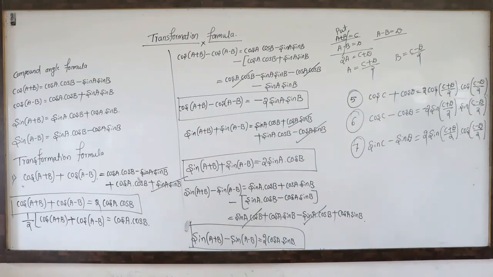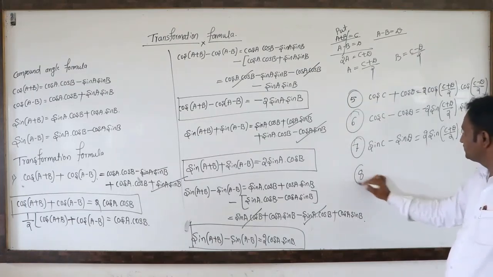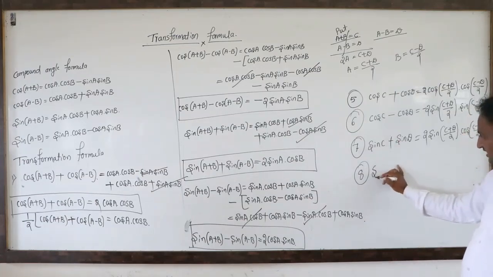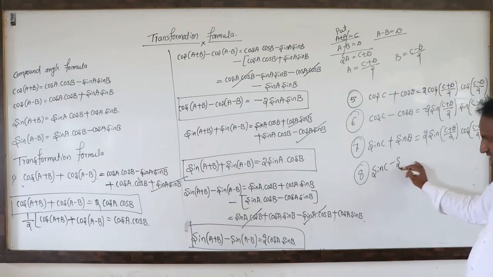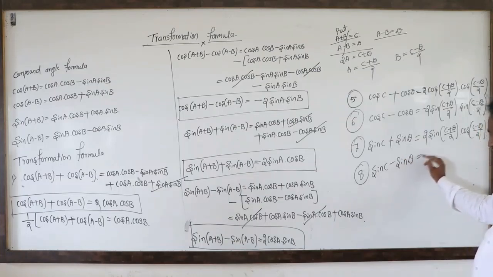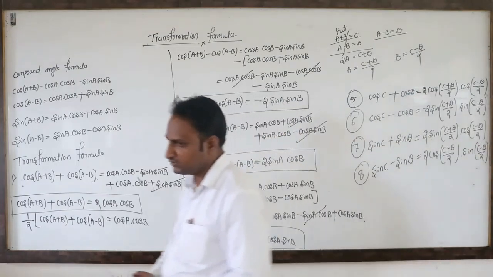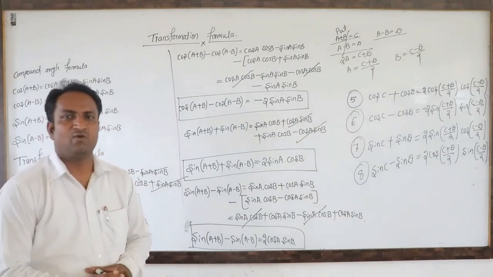Eighth one, sine c minus sine d is equal to 2 cos of c plus d divided by 2 into sine of c minus d divided by 2. Here, these 8 formulas belong to the transformation formulas.